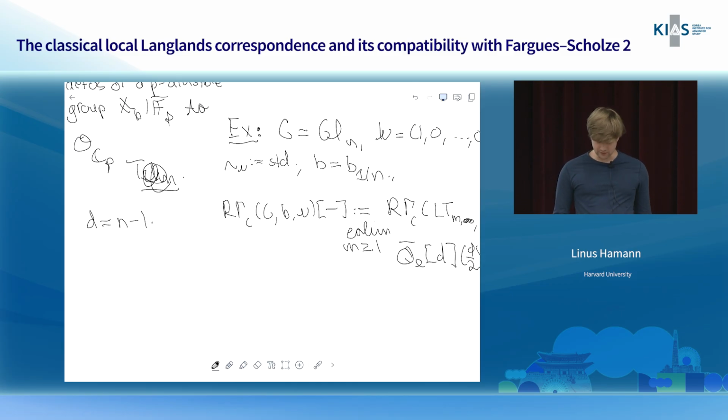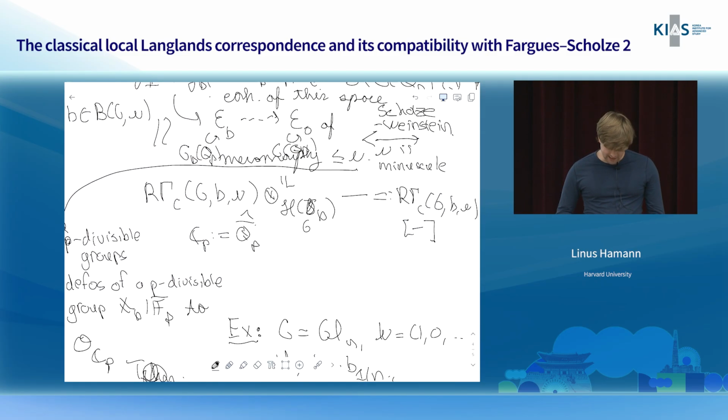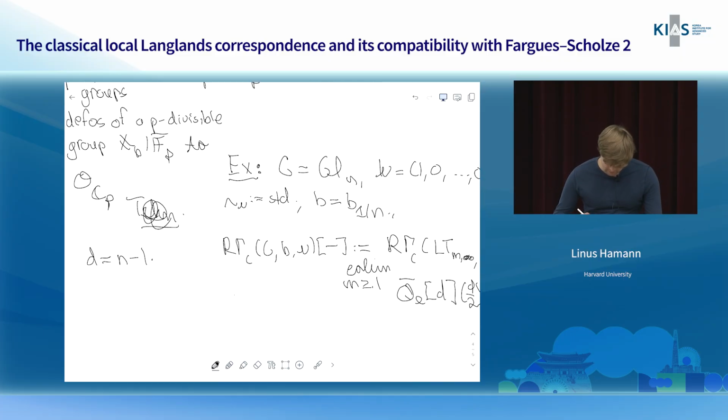And really what this space is, is the deformation space of a p-divisible group of dimension 1 and height n. So if we took n equal to 2, that would be precisely the deformation space of the p-divisible group attached to a supersingular elliptic curve. And the action of GB in this case will be precisely through GL1 of a division algebra of invariant 1 over n.